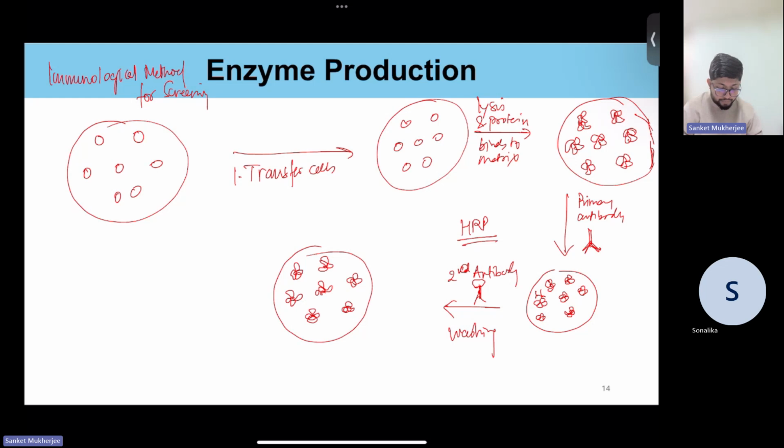So if the primary antibody was here, the secondary antibody will come into the picture. Again, you will go for washing, and then you will get the positive colony. So you know which is the positive colony, and you direct further steps with the positive colony from the master plate.